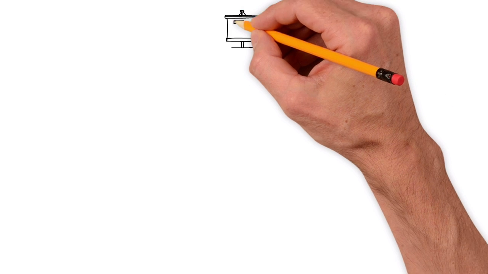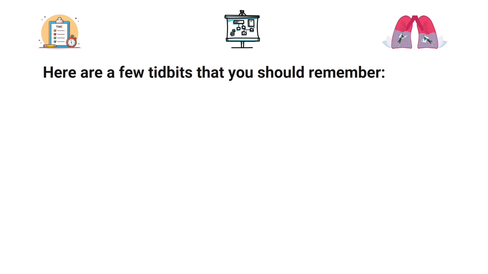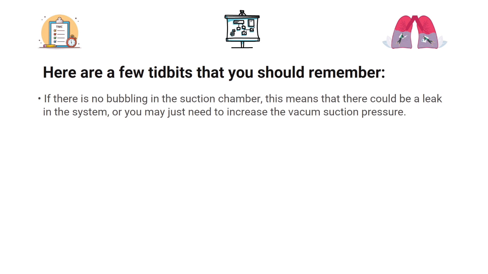Let's break it down. For the TMC exam, you definitely need to be familiar with chest tubes and pleural drainage systems. Here are a few tidbits that you should remember. If there is no bubbling in the suction chamber, this means that there could be a leak in the system, or in some cases, you may just need to increase the vacuum suction pressure.